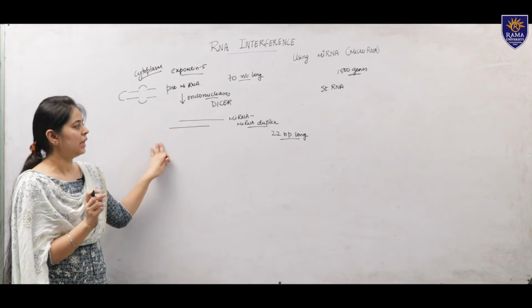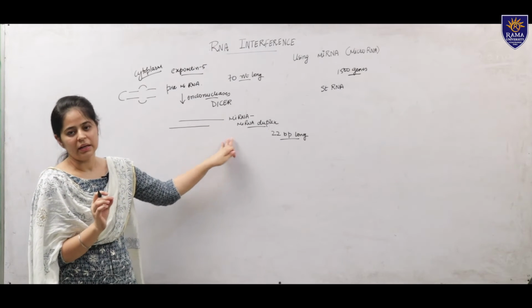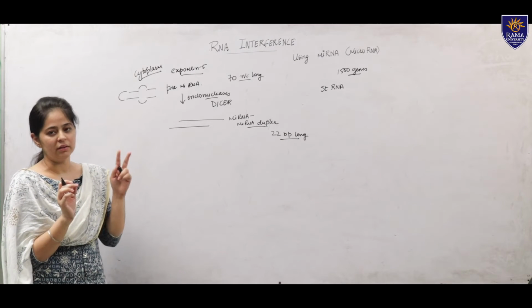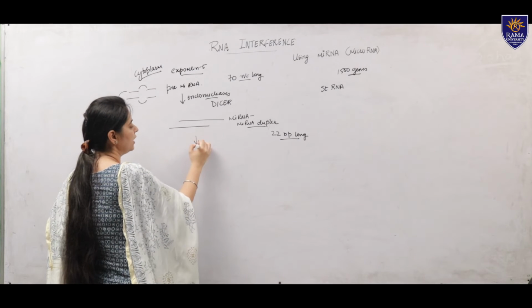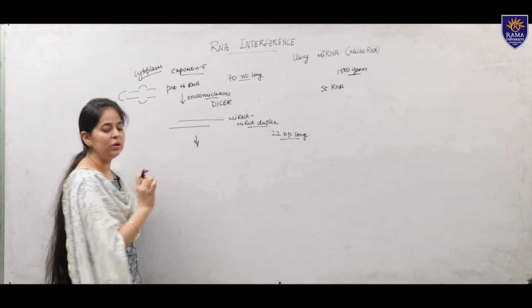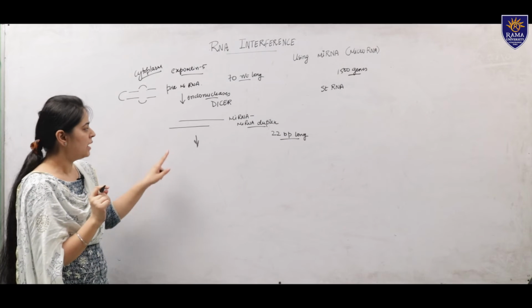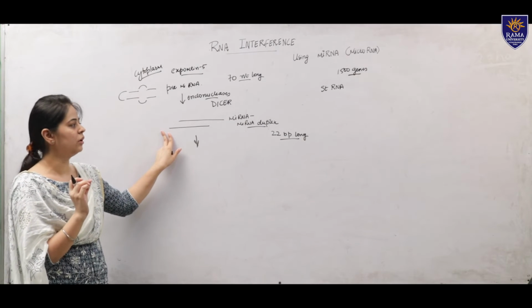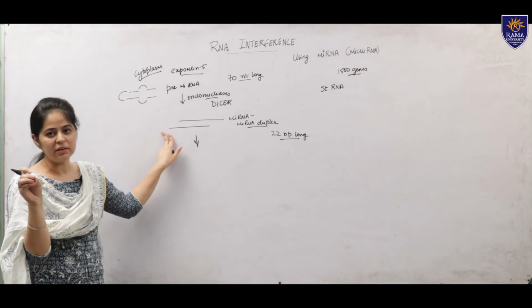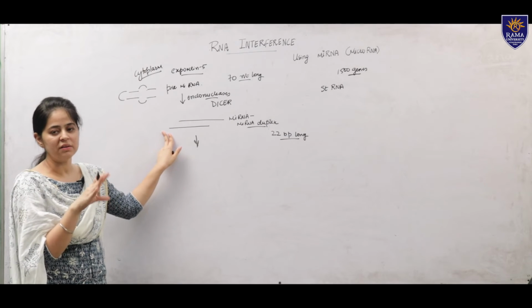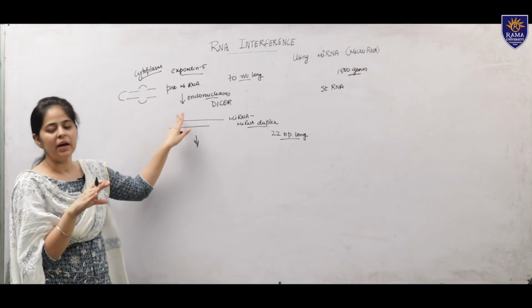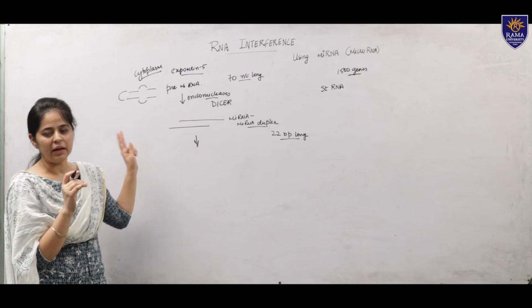So, how does it happen? This duplex is required to be degraded further such that it is left with only a single miRNA strand. In the starting I told you about the miRNA which was present in the nucleus, so that it comes and binds to the mRNA.